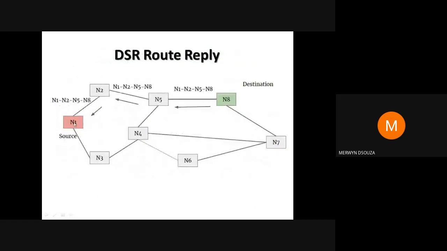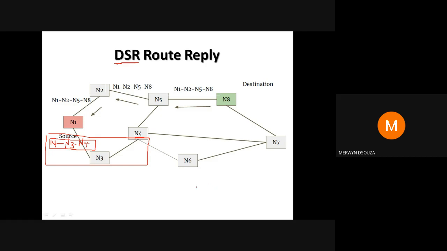DSR was sending a packet to say N4, and the shortest path in its routing table was N1-N3-N4. When it is sending a packet, it mentions this entire route. That is what DSR does.